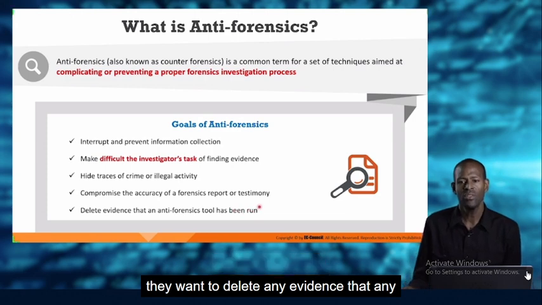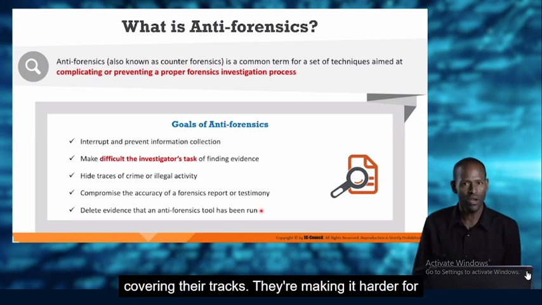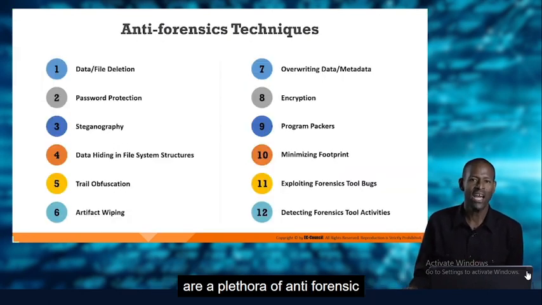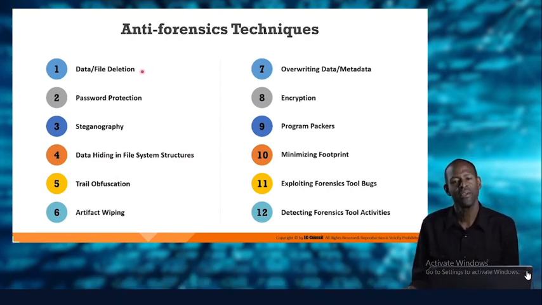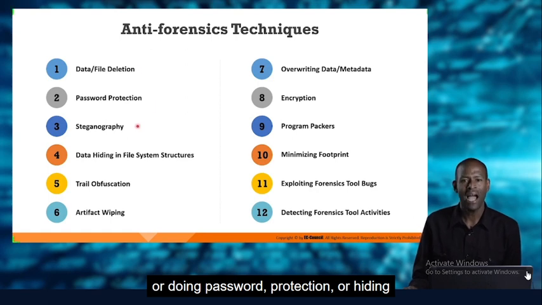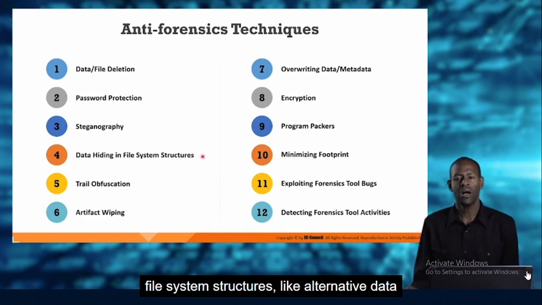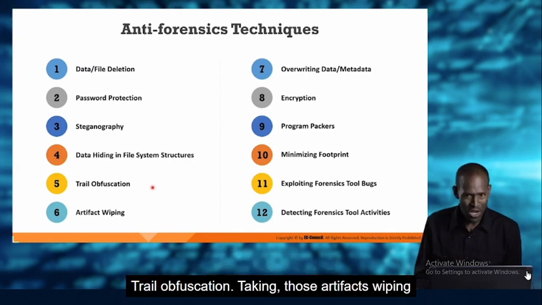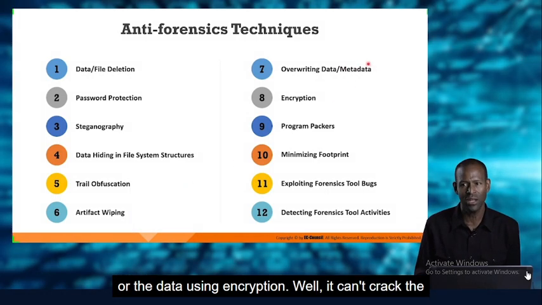And so they want to delete any evidence that any anti-forensic tool was even used. They're covering their tracks, making it harder for forensics teams to do their jobs. There are a plethora of anti-forensic techniques, including probably one of the most common ones, just deleting the file, or password protection, or hiding data steganographically or in file system structures like alternate data streams in NTFS, or trail obfuscation, taking those artifacts, wiping them, overwriting the metadata or the data, using encryption.